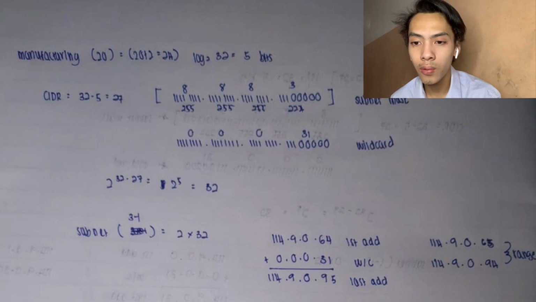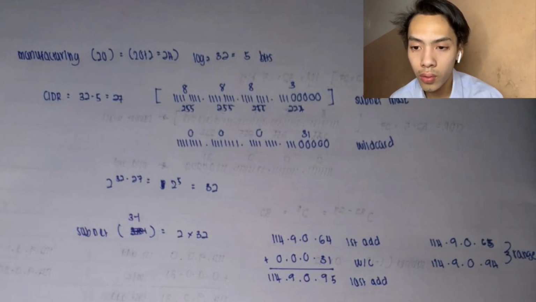For the subnet mask, we borrow 3, and for the wildcard we get 31, as 255 minus 224. Then we calculate as usual: subnet 3 minus 1, we get 2, and 2 multiplied by 32 gives 64.